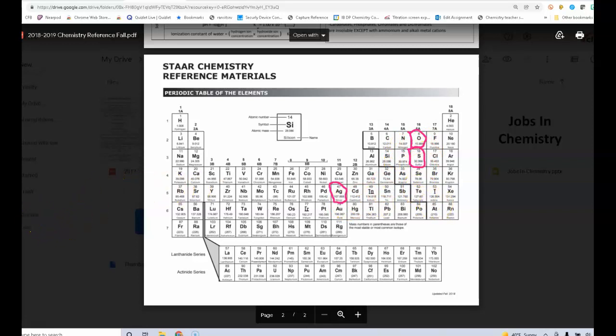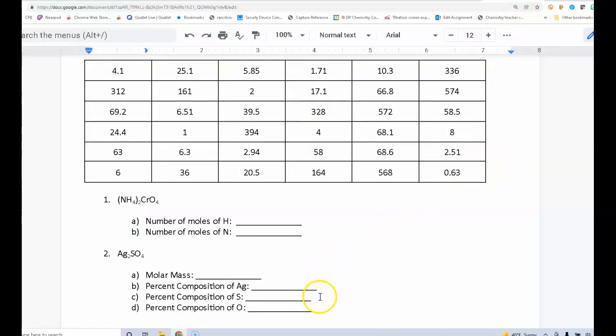Okay, so once I know all of that, I can go back to my page, and I can take a look at Ag2SO4. And so the first thing that I'm going to do is I'm going to say, okay, I have 2 times 108 for the Ag that we just got off the periodic table.